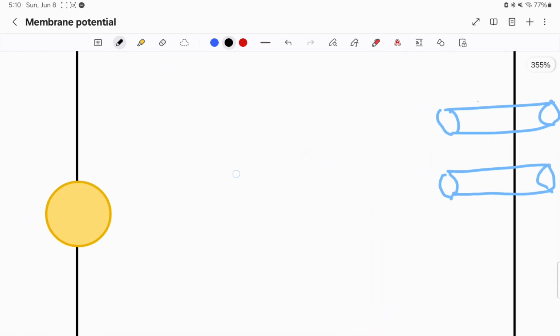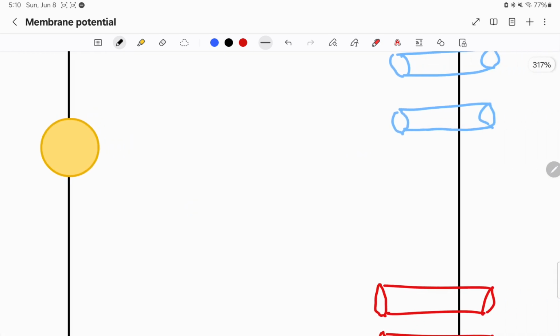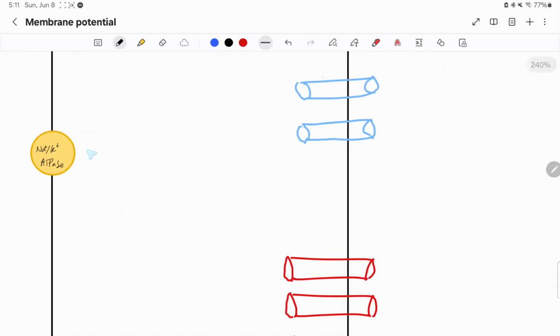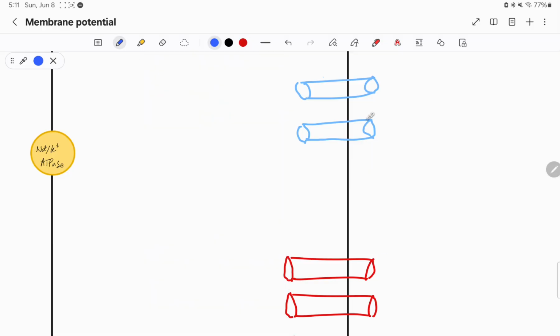If you remember, in our discussion of the plasma membrane, we said that there's a very specialized transporter that exists on the surface of every single cell you have. This guy is called the sodium and potassium ATPase. I'm going to do it in this different color, just so it's all color-coded.